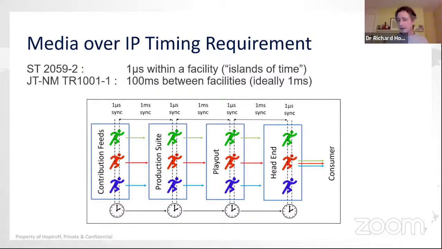And then between facilities, we've got the floppy time that Bruce was talking about. And there, the Joint Task Force on Networked Media actually initially specified 100 milliseconds accuracy between facilities, but in reality, the time quality does need to be better than that. So we say the absolute minimum standard should be 1 millisecond, and ideally at least an order of magnitude better than that.